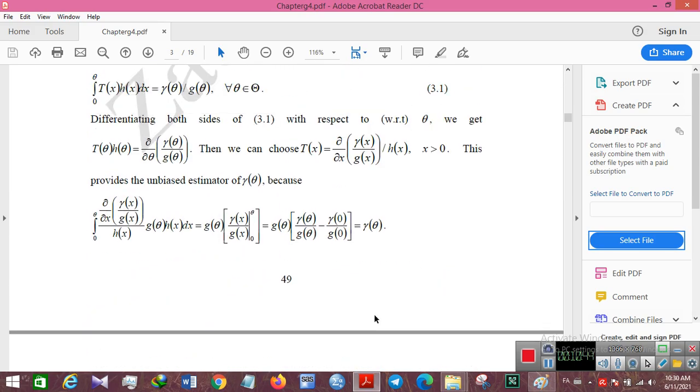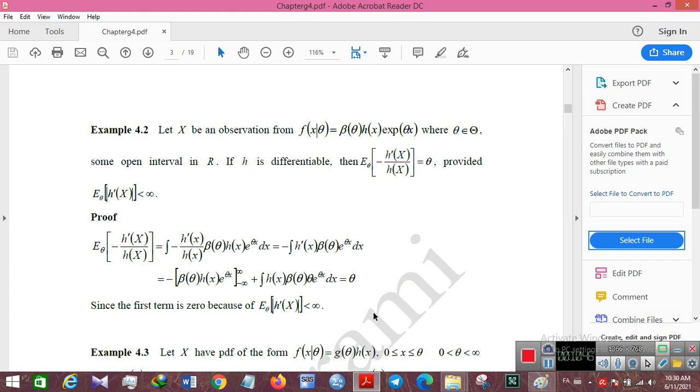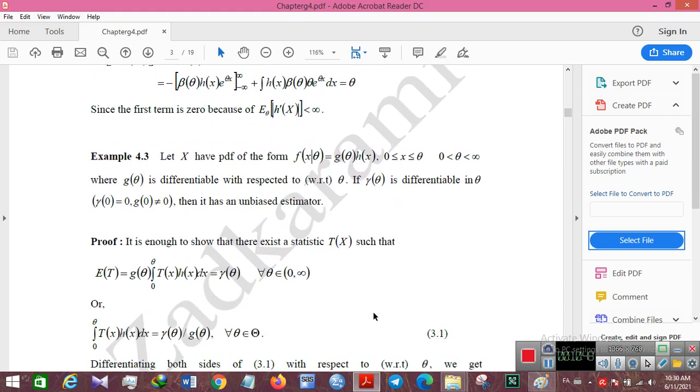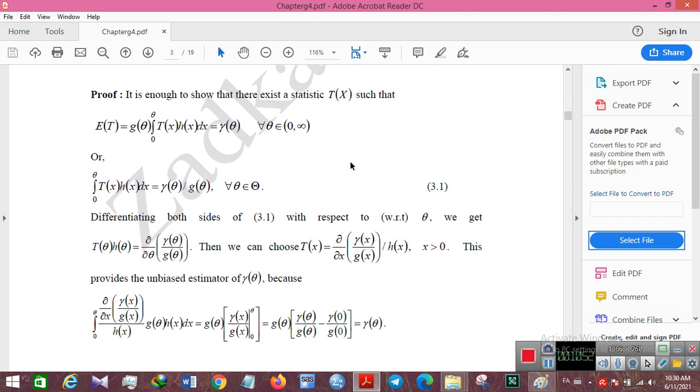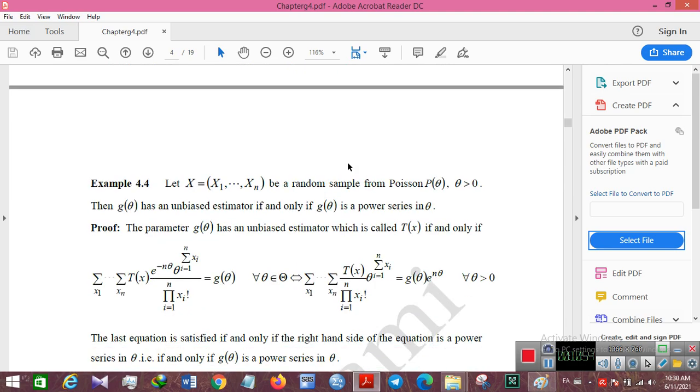So in the exponential family and in the uniform family, we can find the unbiased estimators. Okay, but in some cases we don't have an unbiased estimator for all functions of theta, only for some functions.